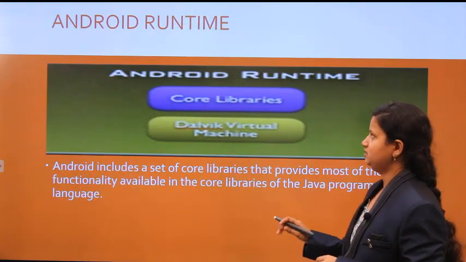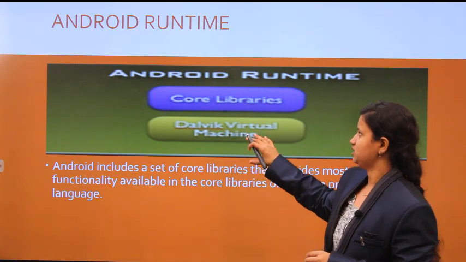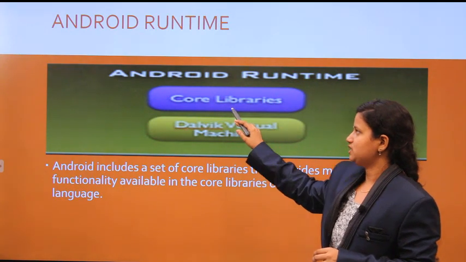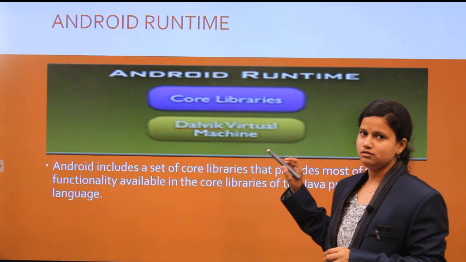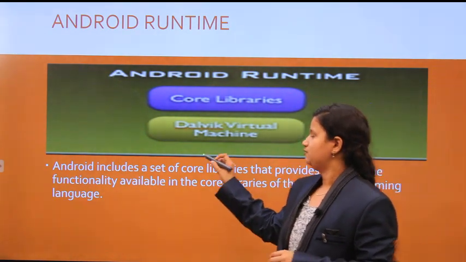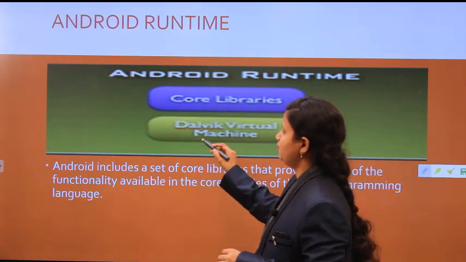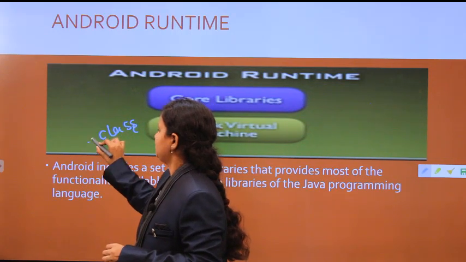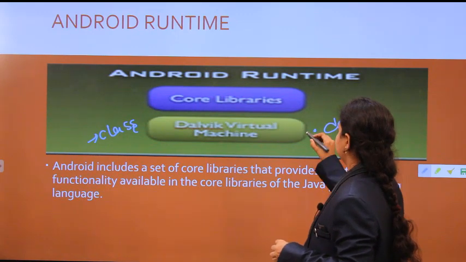The next layer is Android runtime. From the bottom onwards, this is the second section, Android runtime. The Android runtime has only two parts. The first one is the core libraries and the second one is the Dalvik virtual machine. The Dalvik virtual machine is nothing but the compiling of your application: compilation of your class files into .dx files.